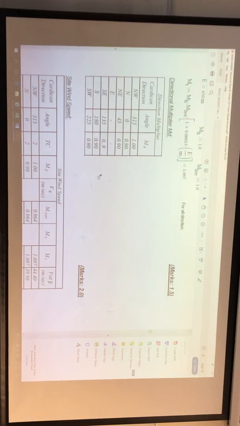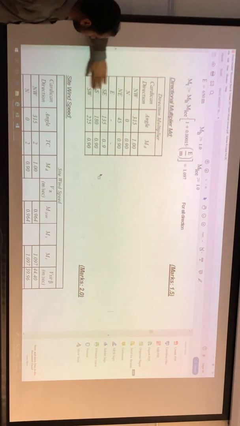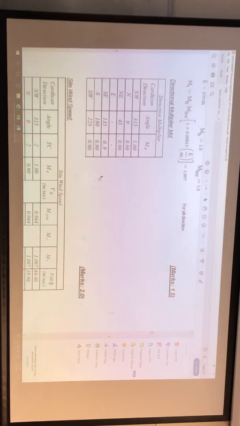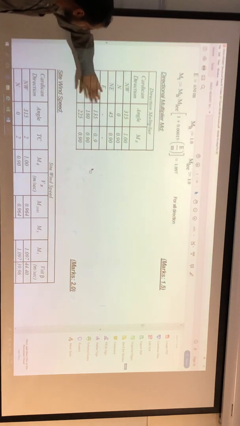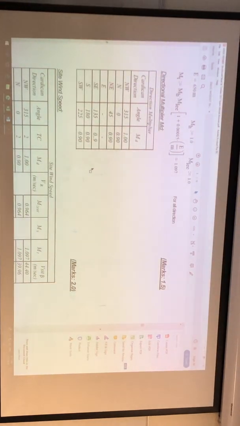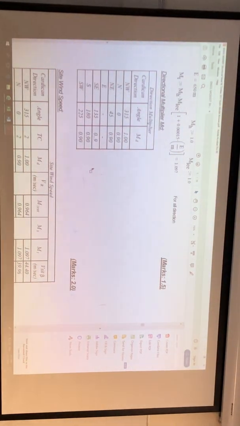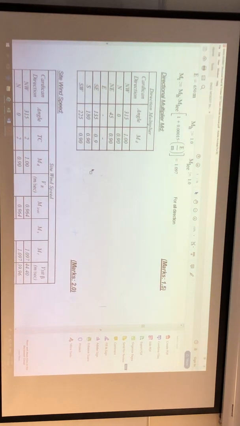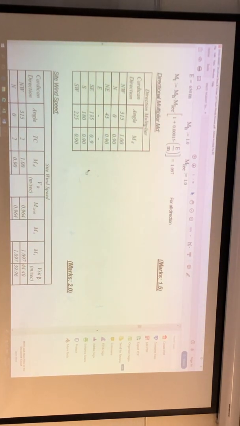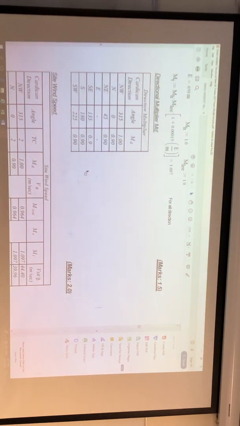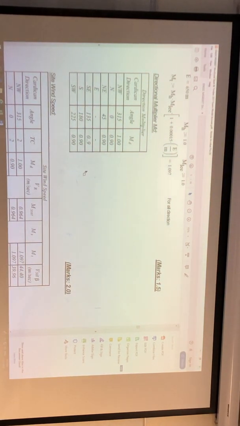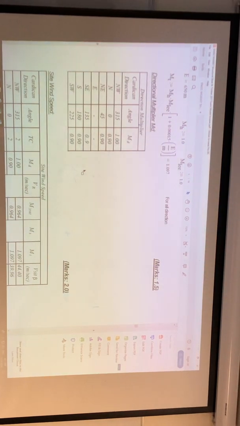Then the direction multiplier. Because we have to create a design wind speed, that's all the 8 directions. Sorry, we need 6 directions only, because for the portal frame, let's say there's north and south, so I need those 2. That's the 6 directions that I need, right?